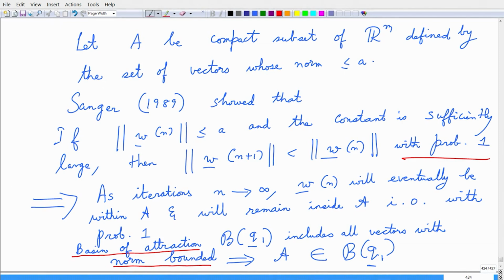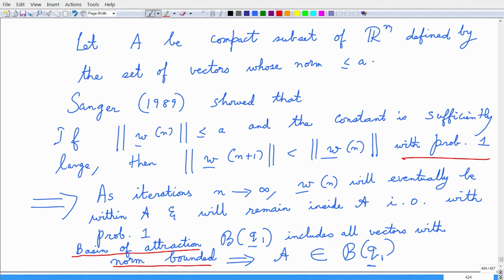Because unlike a linear dynamical system, where we just have the eigen modes and these are scalars, they are not time varying functions, and you can study the behavior of this linear dynamical system in an easy way. In the case of nonlinear dynamics it is not, because we have these points that are attractors, and if you are tracing the trajectory of the weight vector, it will enter this basin of attraction and then land up at this attractor.